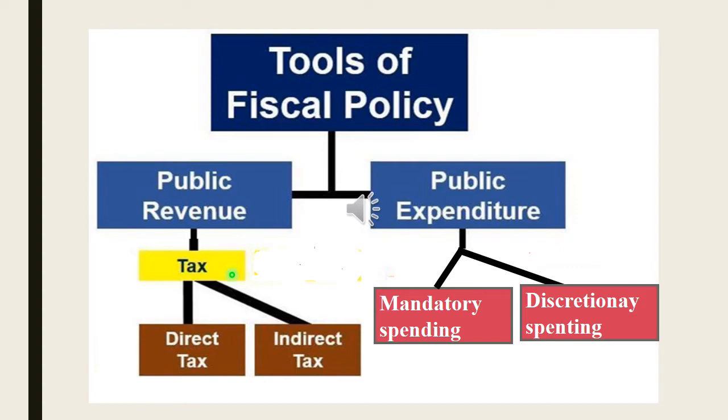Taxes also can be divided into two: direct taxes and indirect taxes. And public expenditure includes mandatory expenditure and discretionary expenditure. In the other slides, you all can learn in detail about government expenditure and taxes.